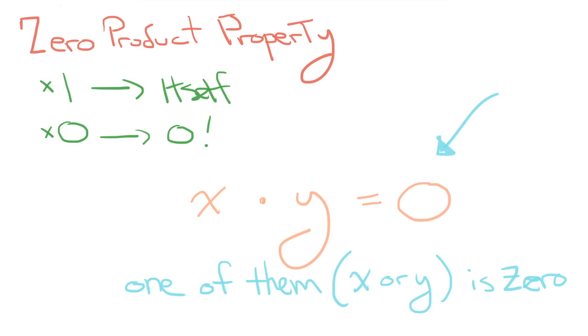And I know what you're saying right now. You're saying, Math Jedi, which one is it? Well, we don't know, but we can go and figure that out. So we need to test the zero product property by basically making two equations.